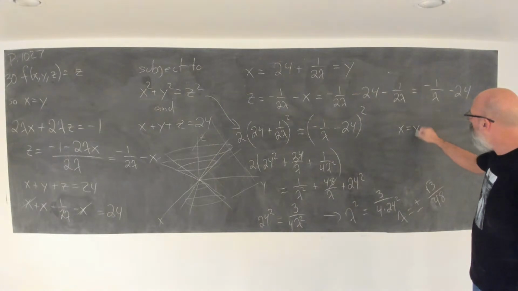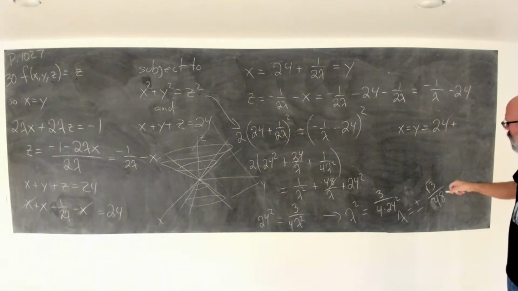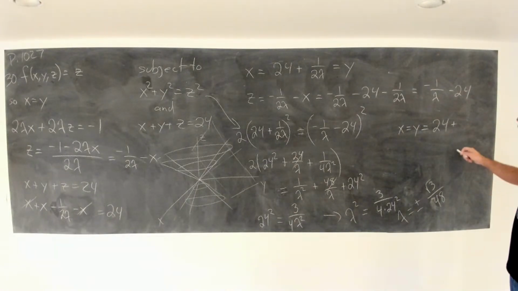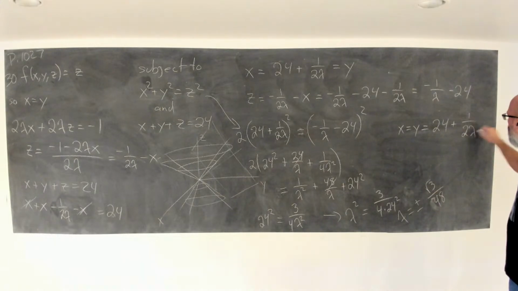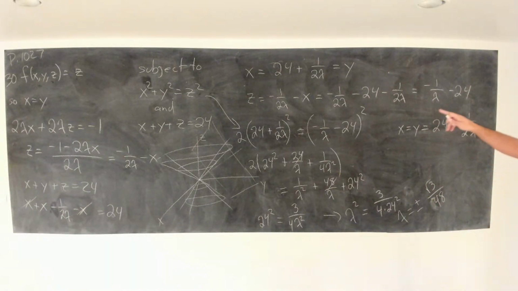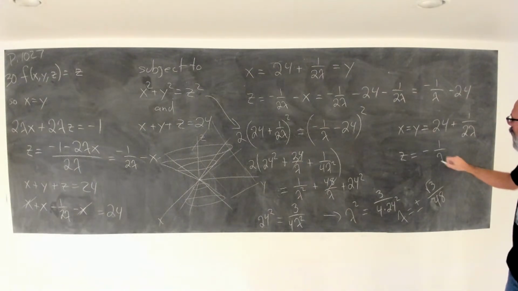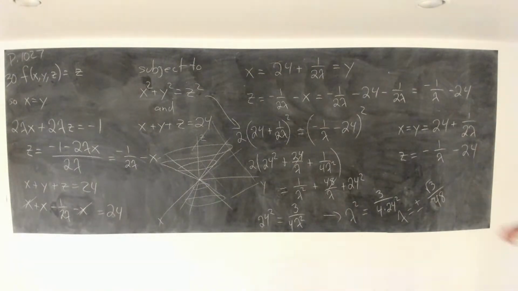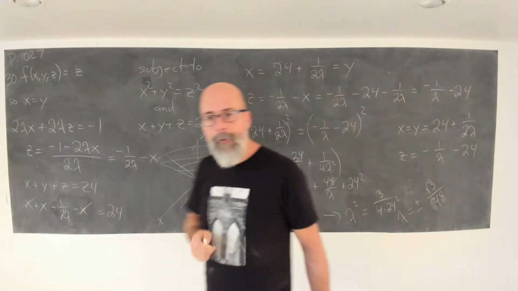So x and y are both 24 plus 1 over 2 lambda, right? So when lambda is positive, you get 2 points here, and your z is minus 1 over lambda minus 24. So you're going to get your 2 points.